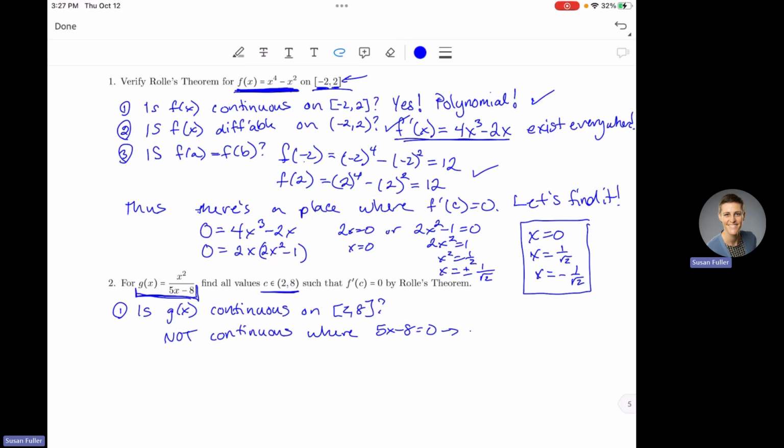And that means that x would be 8/5, and 8/5 is 1.6. So it's not continuous where x is 1.6. But that's outside my interval. My interval goes from x equals 2 to x equals 8, which means I'm continuous everywhere but 1.6, which means I'm good on 2 to 8.